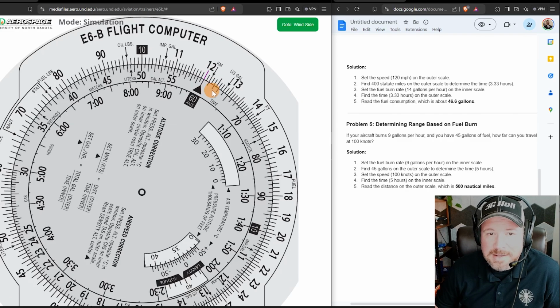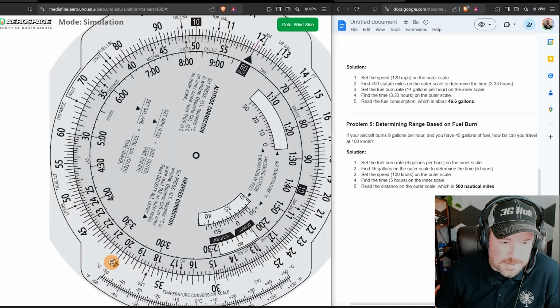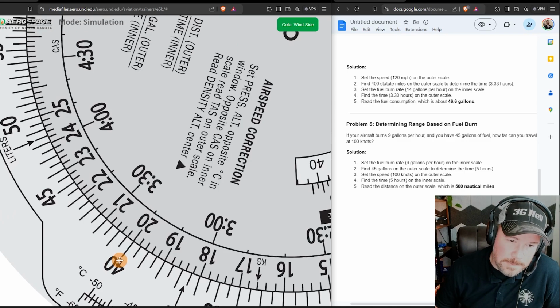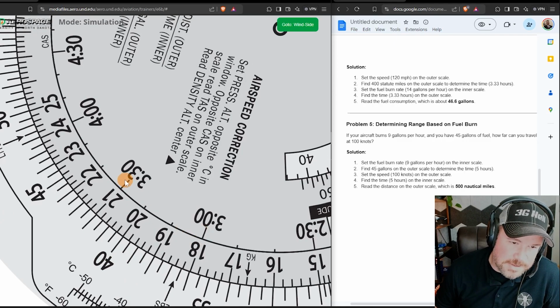Find 400 miles on the outer scale, which is all the way down here. Then determine the time. There's 3 hours, there's 3 hours and 30 minutes. So let's call it 3 hours 10, 3 hours 20. So 3 hours and 20 minutes or so is what it's going to take.